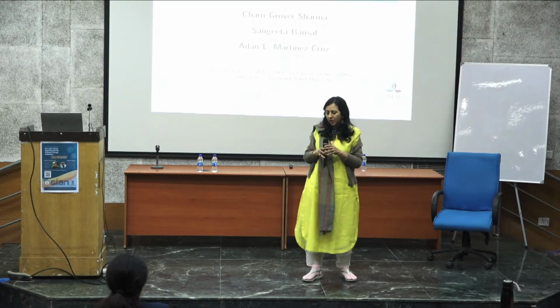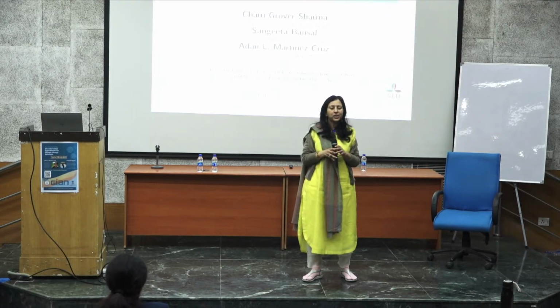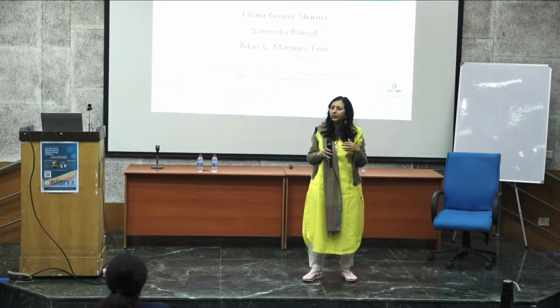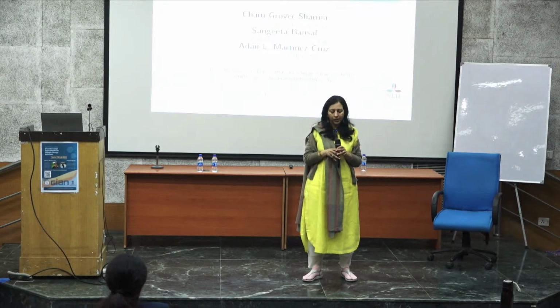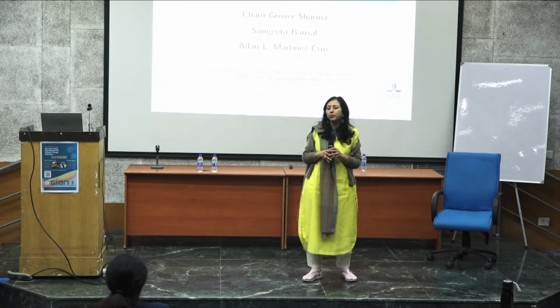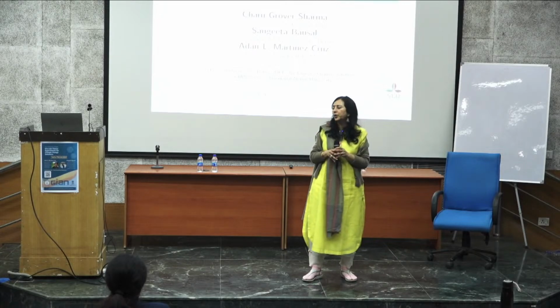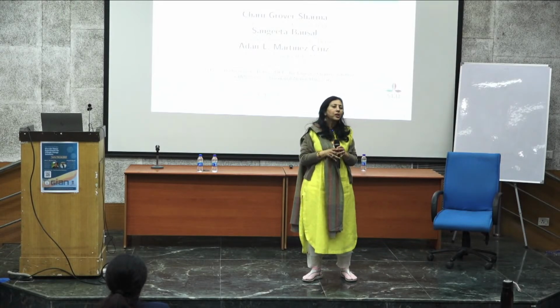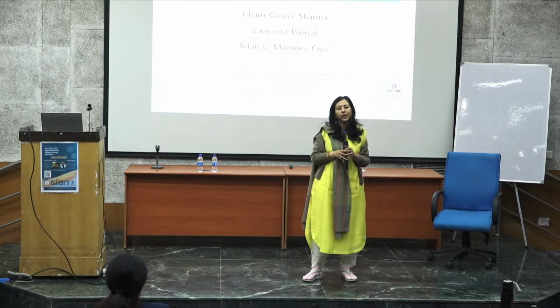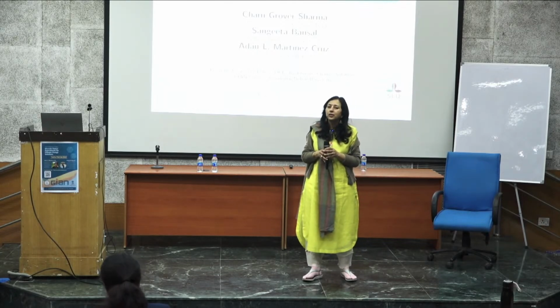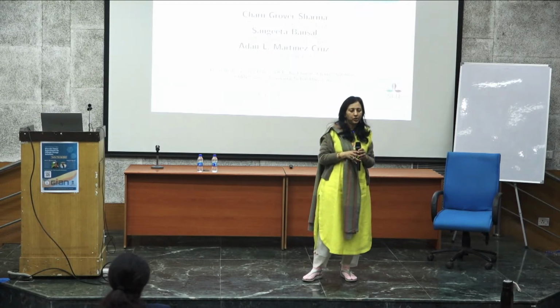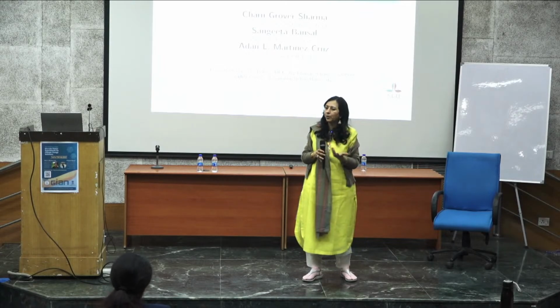So a National Commission for Climate Change was set up, and one of the elements of this National Action Plan for Climate Change was setting up the Bureau of Energy Efficiency. The objective of the Bureau of Energy Efficiency was to come up with policies so that consumers can use energy more efficiently. Okay, that was the objective.